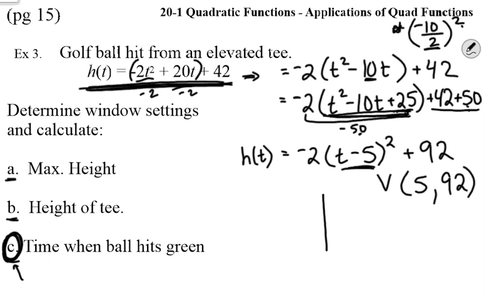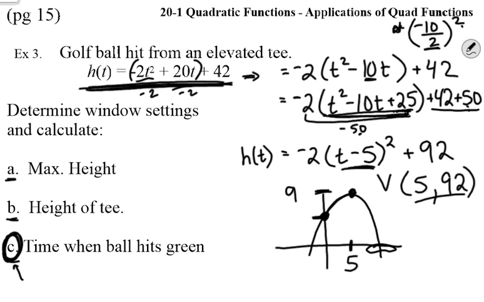Well, again, in terms of this particular question, it talks about if you were to graph this, which we will in a second, you'll see the parabola looks like this because it tells us you're somewhere where it's an elevated tee. So the tee box where you're hitting from is above where the green is. So that's our y-intercept, but it's elevated and it goes up to the vertex, which we now know is 5 and 92.